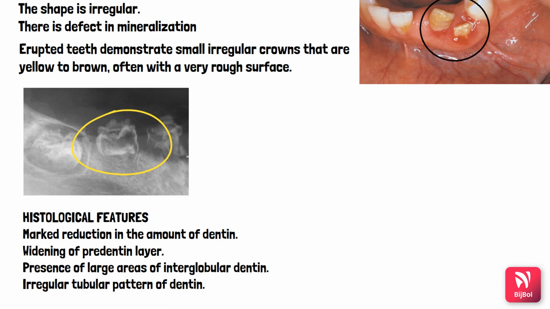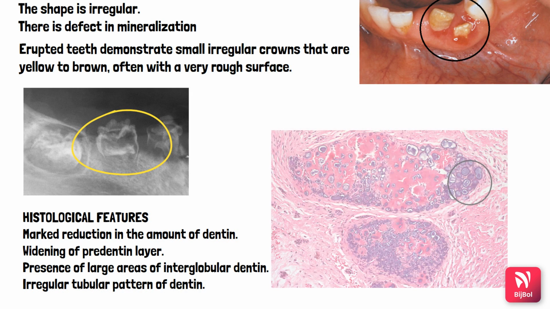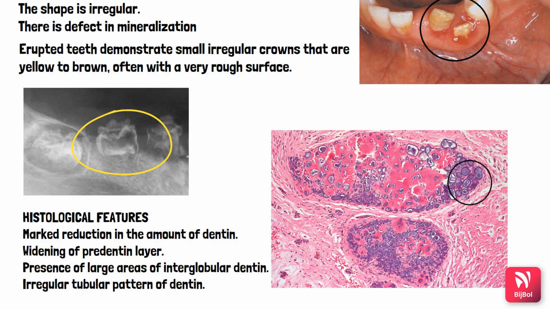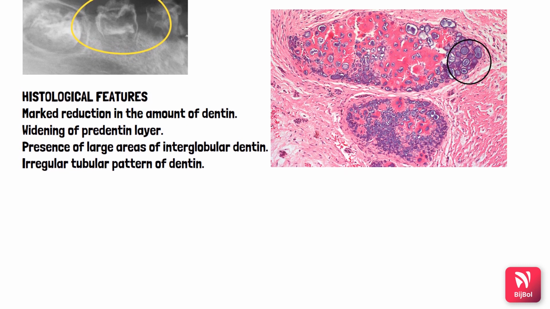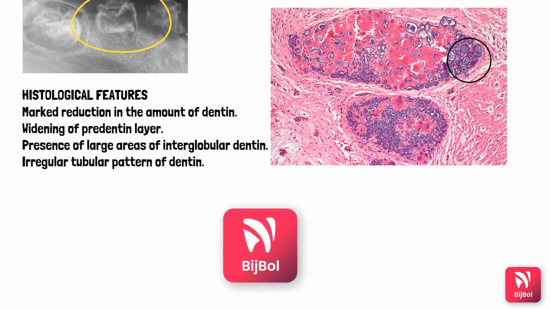The follicular tissue surrounding the crown may be enlarged and typically exhibits focal collections of basophilic enamel-like calcifications called enameloid conglomerates. The circled ones in this histological picture are nothing but enameloid conglomerates. These are the histopathological features of regional odontodysplasia.